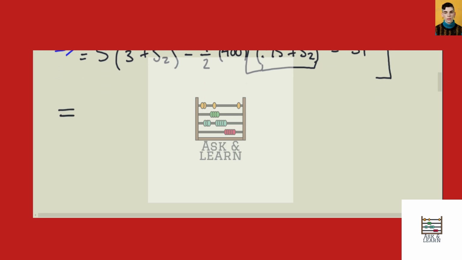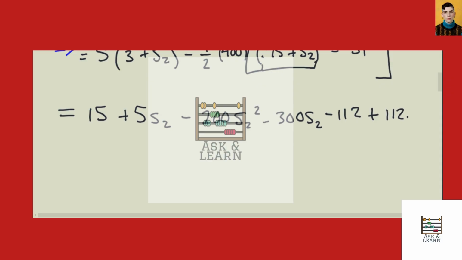So let's try to clean this up. So we have 15 plus 5 S2 minus, so we distribute the 200, so we have 200 times S2 squared minus 300 S2 minus 112 plus 112.5.